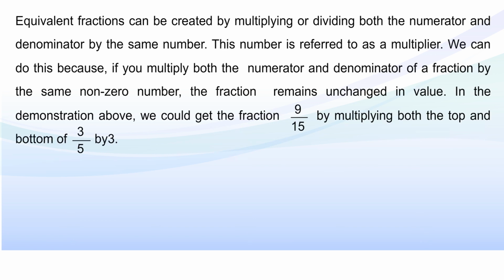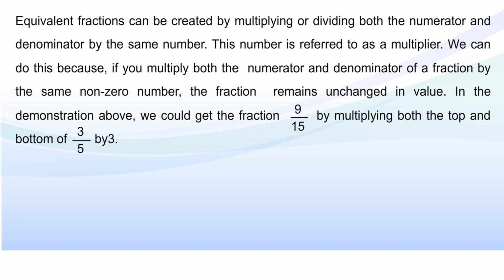Equivalent fractions can be created by multiplying or dividing both the numerator and denominator by the same number. This number is referred to as a multiplier. We can do this because if you multiply both the numerator and denominator of a fraction by the same non-zero number, the fraction remains unchanged in value.